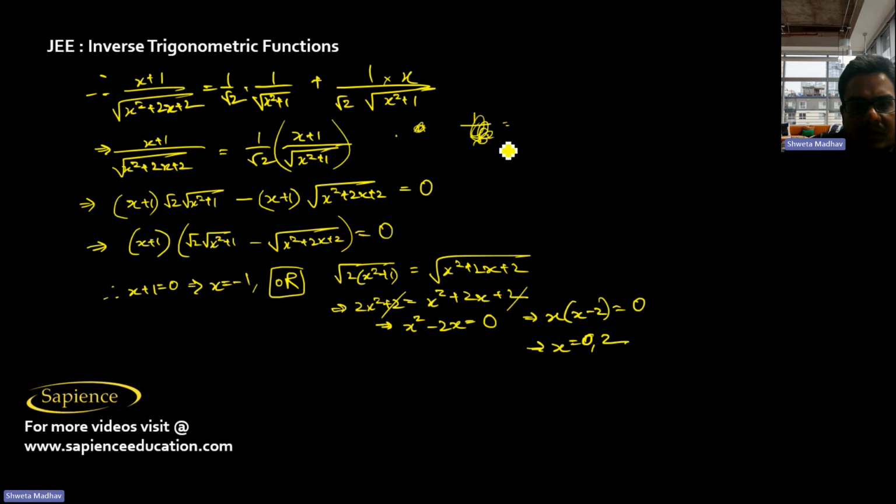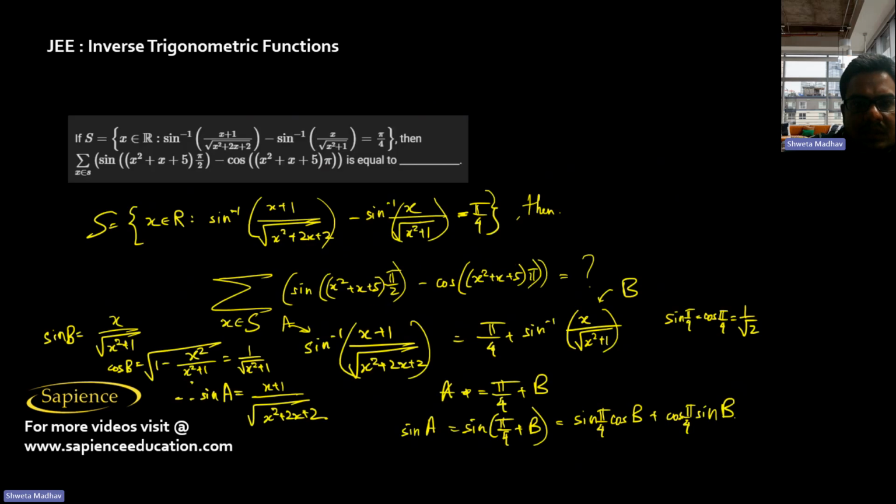And if I take 2, then the left hand side will be 3 by root of 2 to the 4, 4 plus 4, 8, 8 plus 2, 10. So 3 by root 10, and this will also be 2 plus 1, 3 by 2 to the 4, 4 plus 1, that is 5, 5 to 10. So then also the left hand side will be equal to the right hand side.